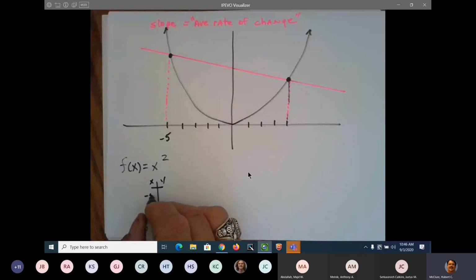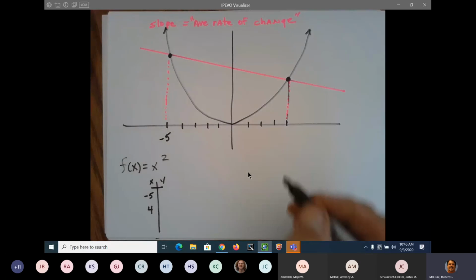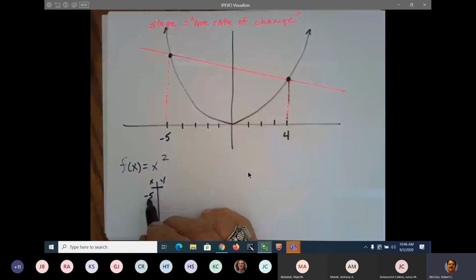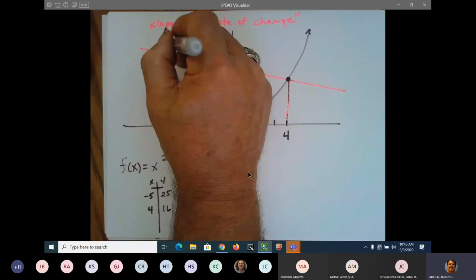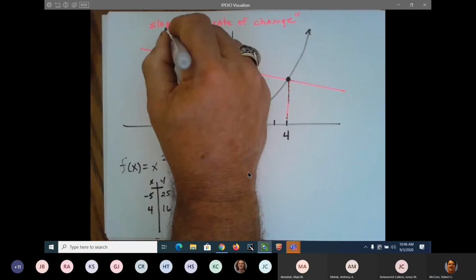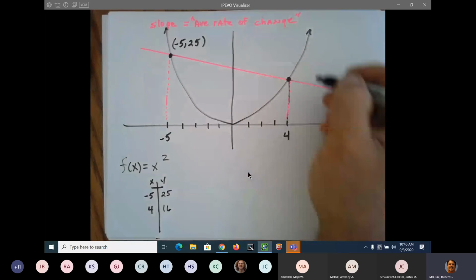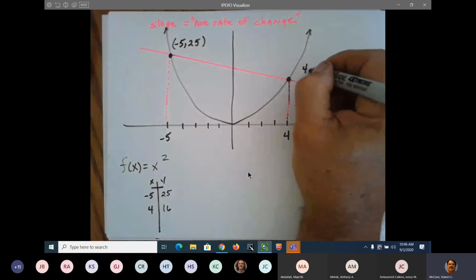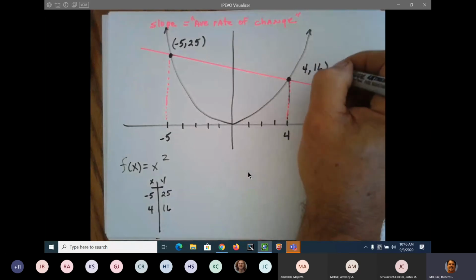I'm going to put a -5 here, and a +4 here. -5 squared is 25, and 4 squared is 16. So this point is -5, comma, 25. And this point is 4, comma, 16.